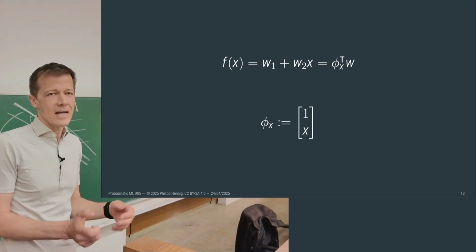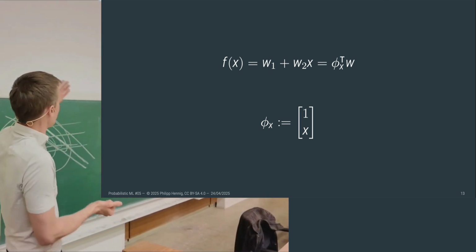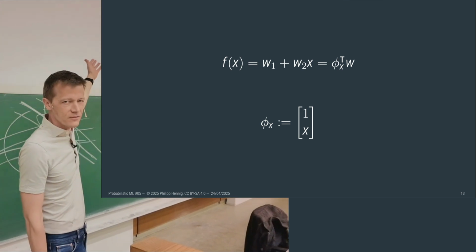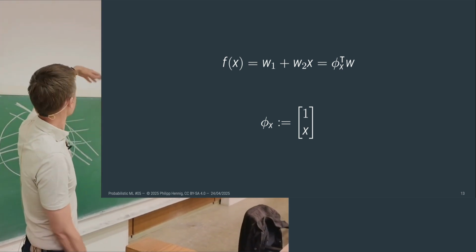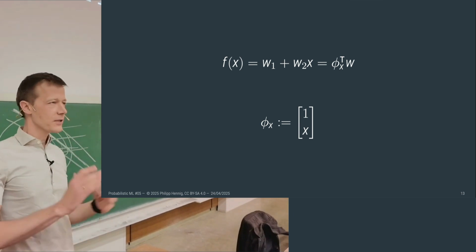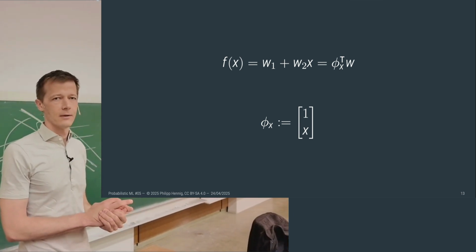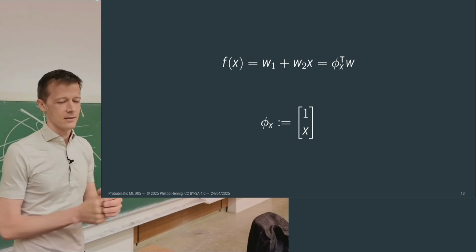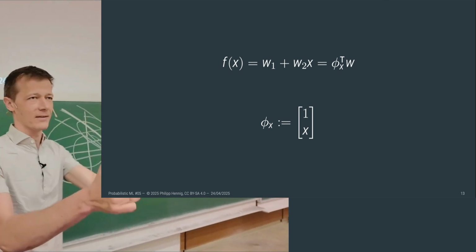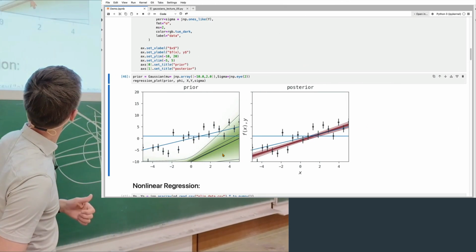It was so basic that it almost felt like overkill, right? So we can just use some other features. What other features would you like to use? Yes, please. X squared. Perfect. Perfect answer. That's actually what I did.